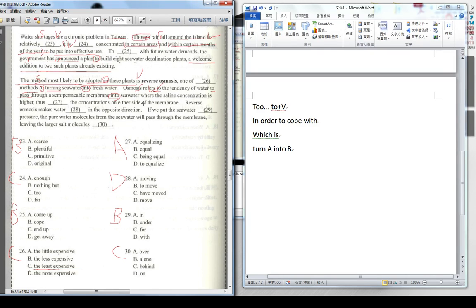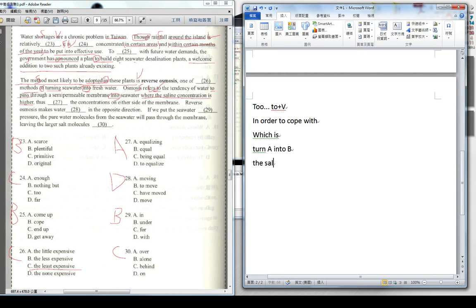So these two sentences are combined into one, and here the tendency of water is to pass through a semi-permeable membrane into seawater. And seawater is the place where the saline concentration is higher. Okay, so this "where" 它是一个关系副词的用法。So the place where, so we say the saline concentration is higher somewhere.